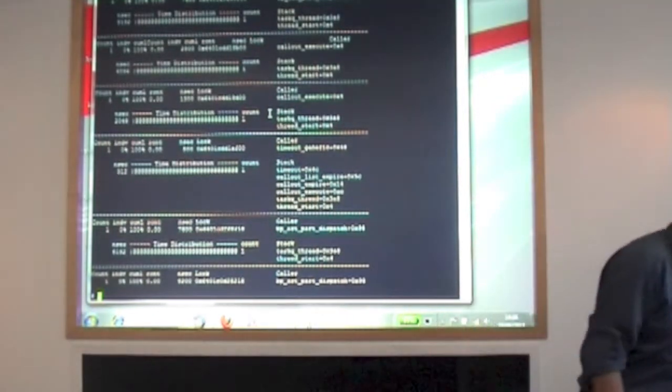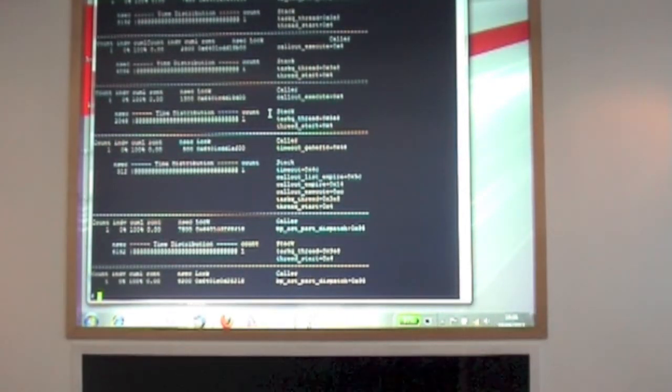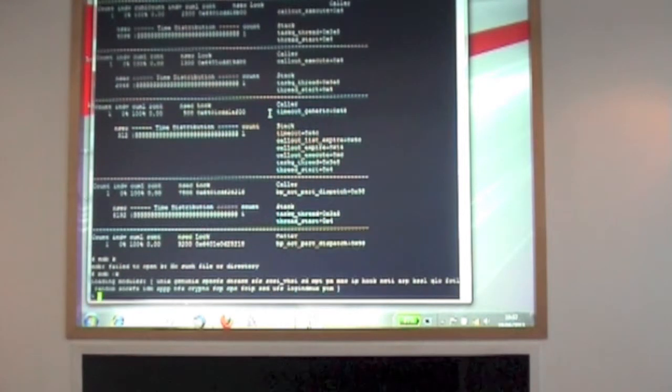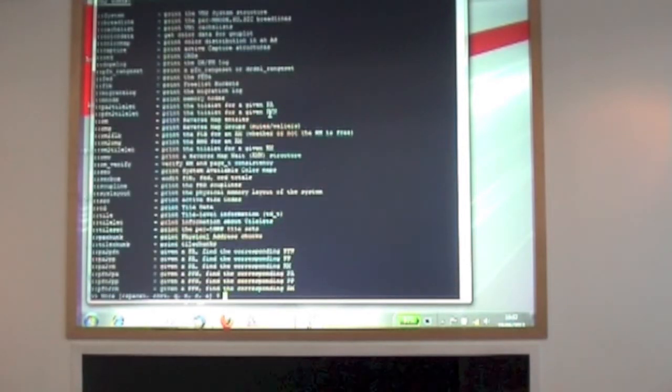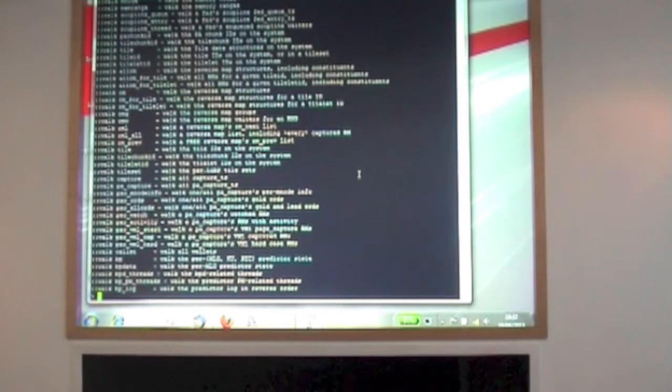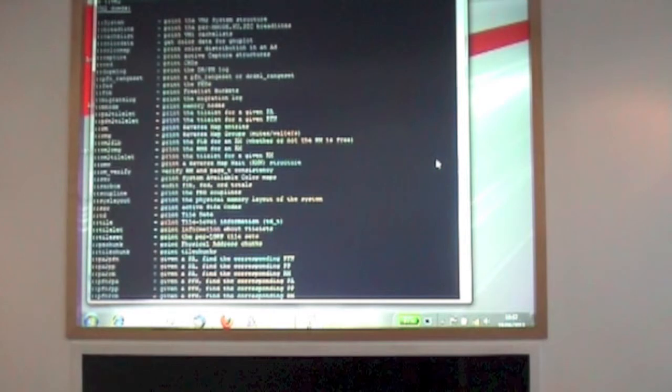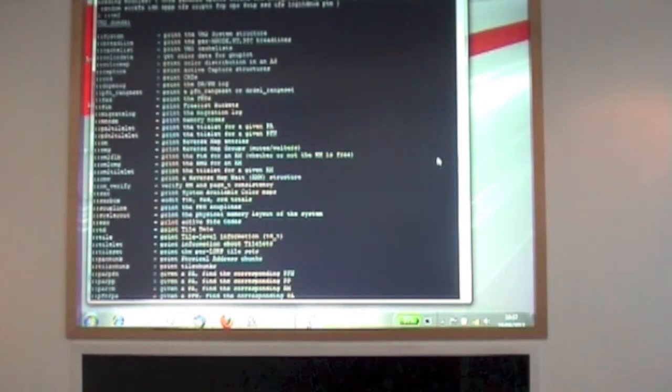So one of the last things I want to do is just demonstrate, can't type. When they developed VM2, they really did think about how they were going to debug this, and they put a bunch of debugging commands in to look at a whole bunch of stuff.